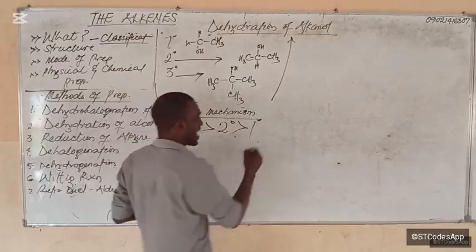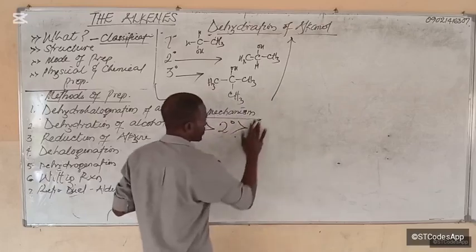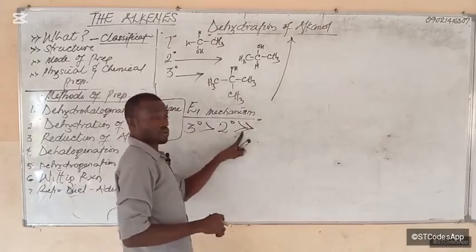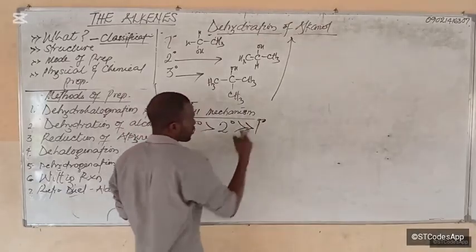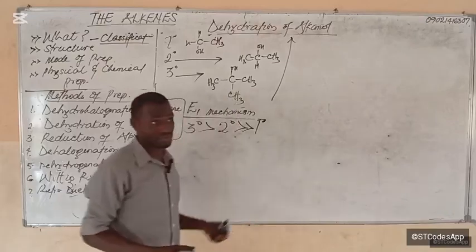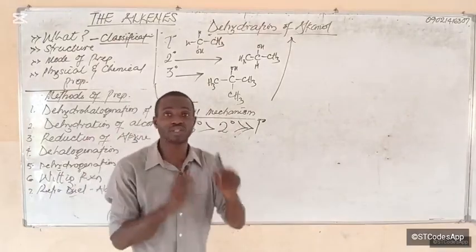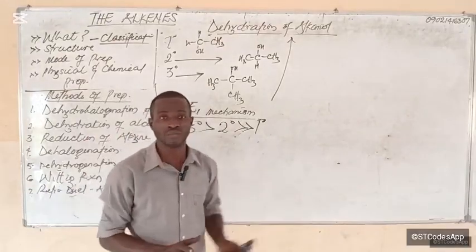Primary. Okay? And primary is very much less likely, very much greater for tertiary than primary. And methyl is the impossible one. A methyl carbocation can pretty much not form.